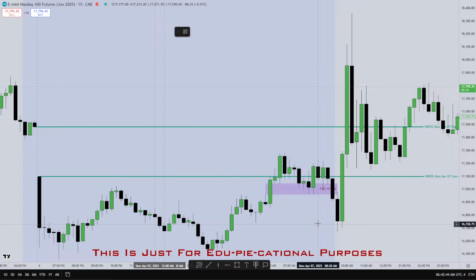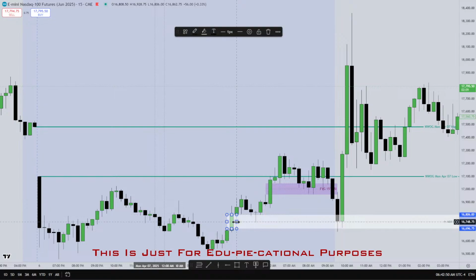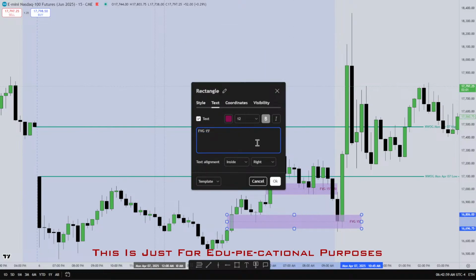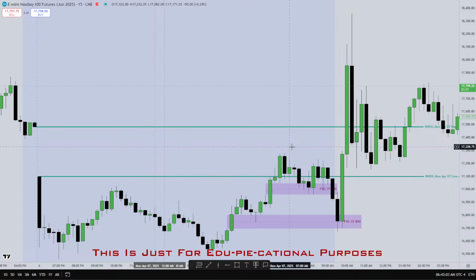We will see this once we go to a lower time frame, and also there is another BC here of the 15-minute, and we are marking this to know what we have to do when we go to the lower time frame.